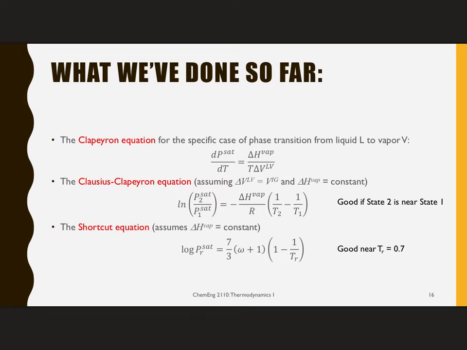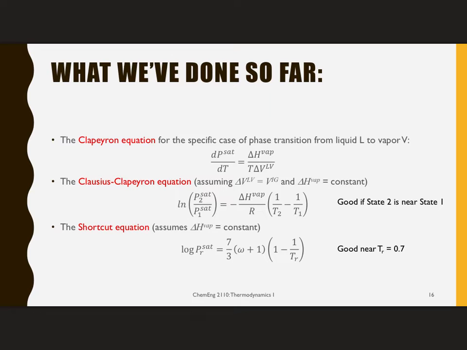Again, this one's really pretty good if your states 1 and 2 are not that different from each other in terms of temperatures. But you do have to have the heat of vaporization. But we can go one step further. As long as we're assuming heat of vaporization is constant, then we can take the definition of the Pitzer acentric factor and eliminate that heat of vaporization algebraically.